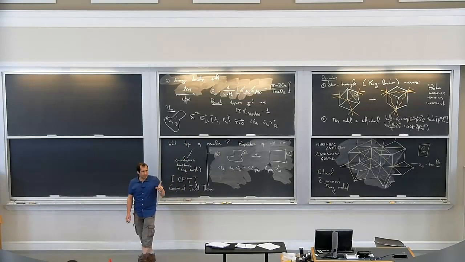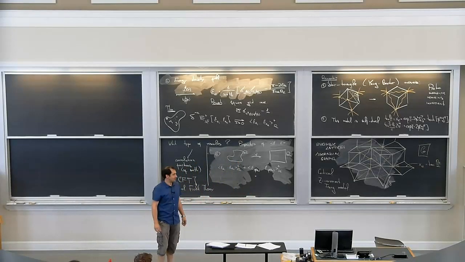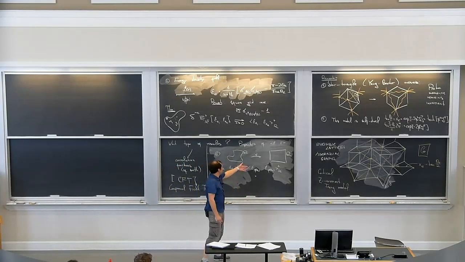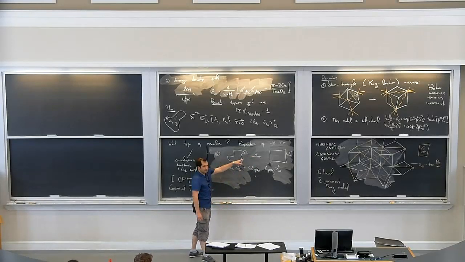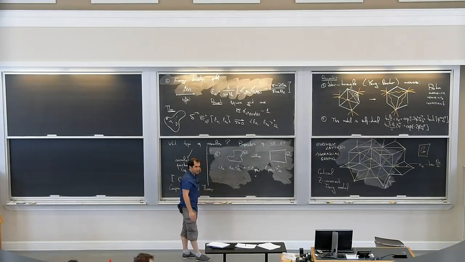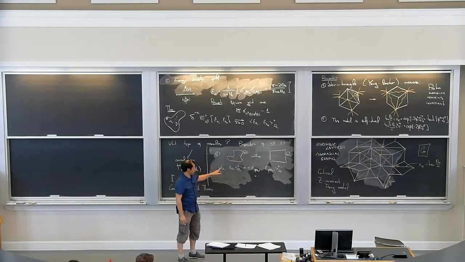So this is still not correct. There is some factor. No, that's just a generic conformal map. What I'm saying is that for every pair of domains and for each conformal map from one to another, this holds.